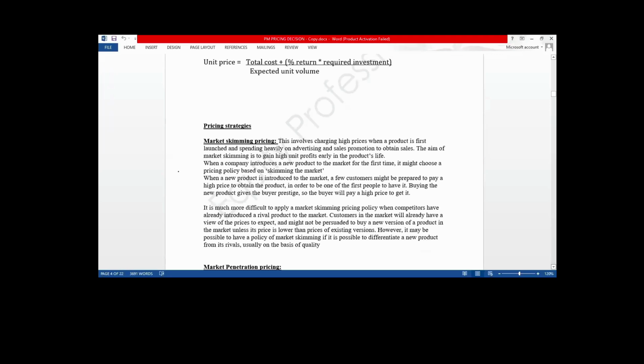Now, where a company is planning to introduce a new product, the company in question must decide on the appropriate pricing strategy to use to be able to launch the product into the market.